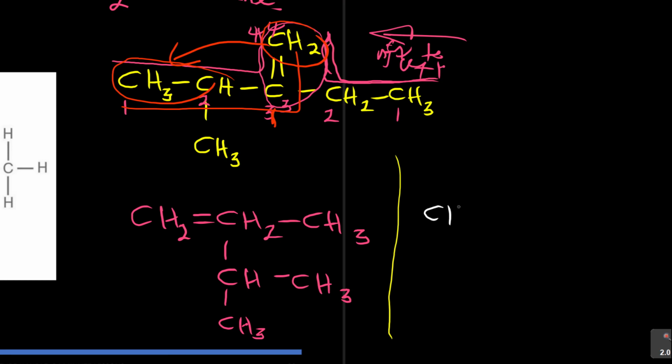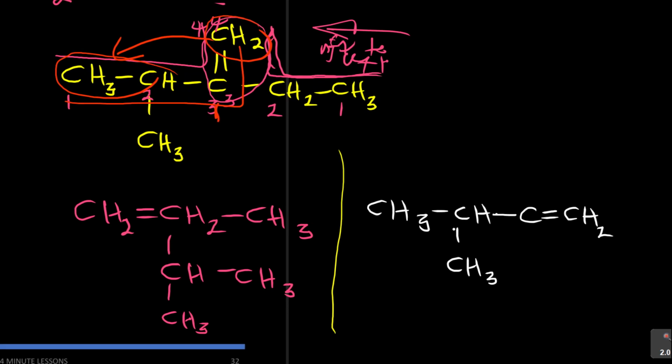CH3 and then CH, have that as CH3, and then after that I've got this, so it's CH3 CH and then C double bond, you see, CH2. I'm making it flat like this.